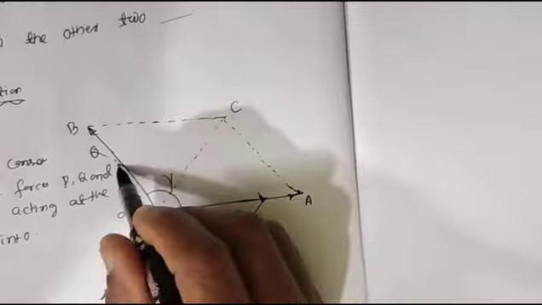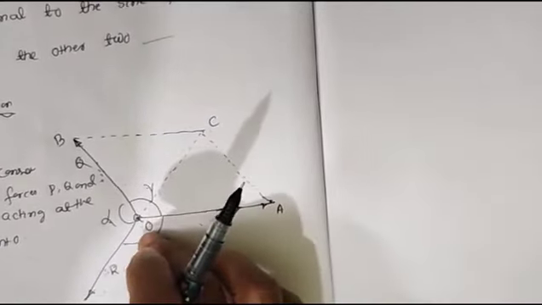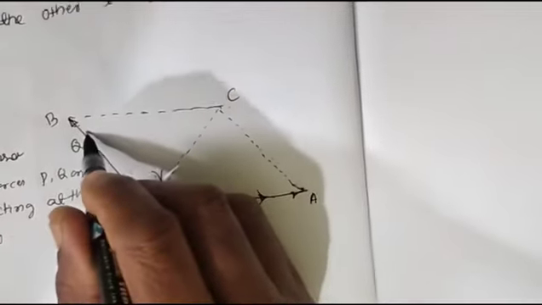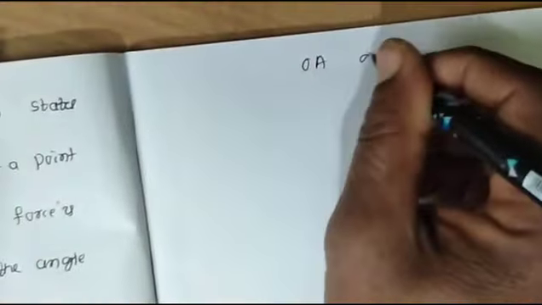Let three forces P, Q and R be acting at point O. Let forces P and Q be represented in magnitude and direction by OA and OB.